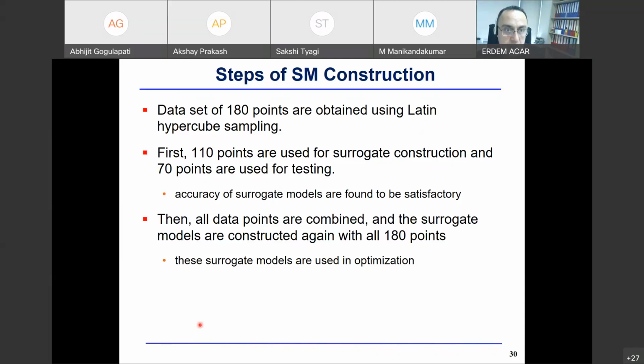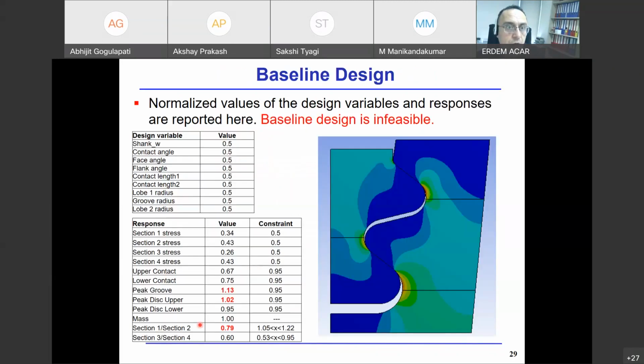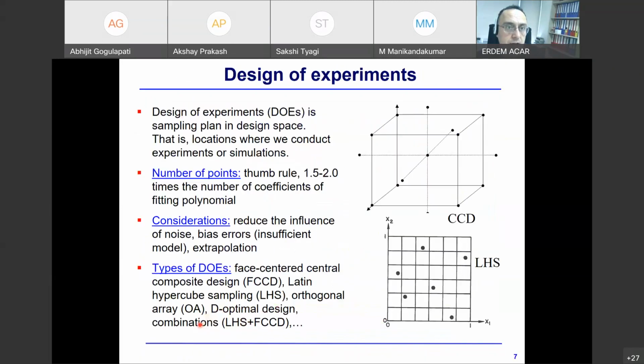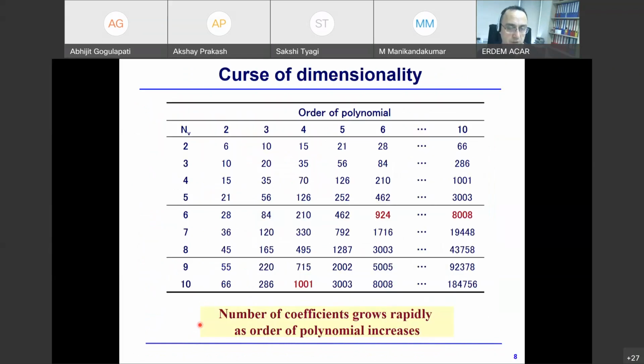Let's go to that slide that we have. This slide is informative. Assume that our number of variables is 10, as in the case of this control arm problem, for instance. I think it was more than 10 in the control arm problem, maybe 13. But assume that you have 10 variables.